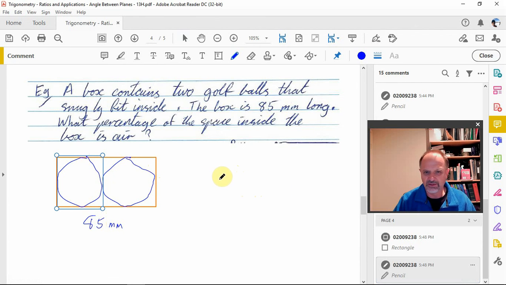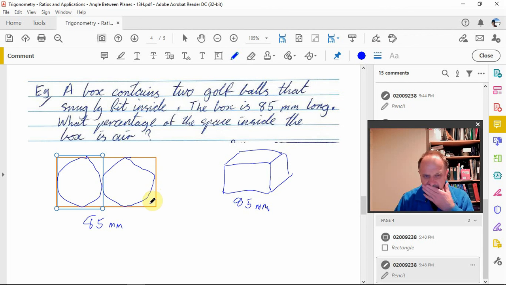If there's a 3-dimensional kind of a diagram there, that's 85 millimeters long. And if it's 2 golf balls, well, it's too long. The height, of course, there is only 1 golf ball.